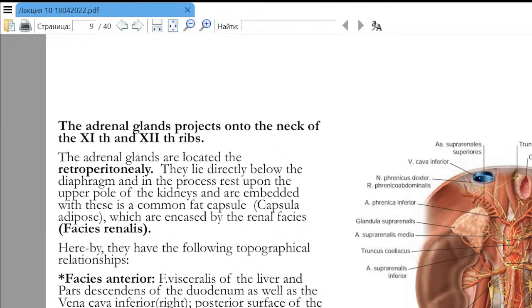Posterior surface of the stomach on the left, separated by the bursa omentalis. Facies posterior: the diaphragm; fascia renalis rests on the superior renal pole.